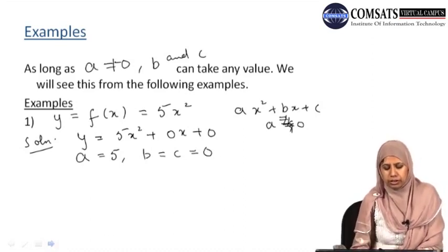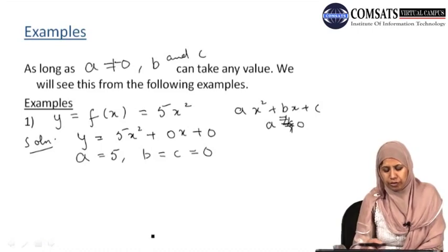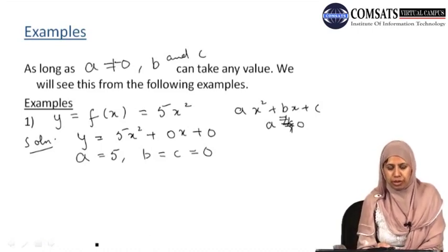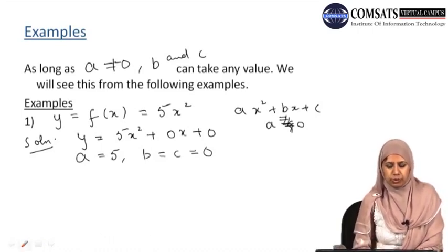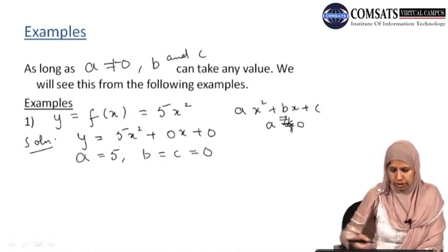So the given function has the coefficient of x square a equal to 5, which is different from 0. So our given function is a quadratic function.